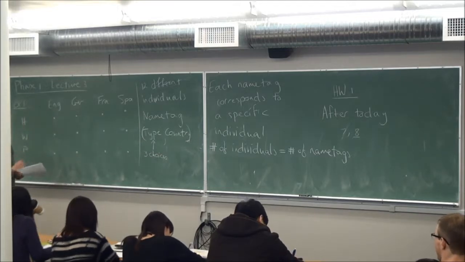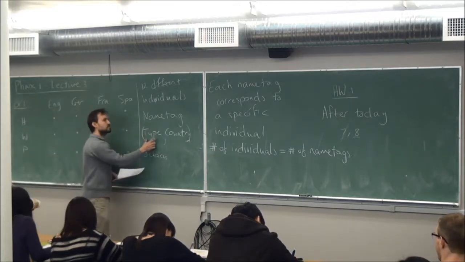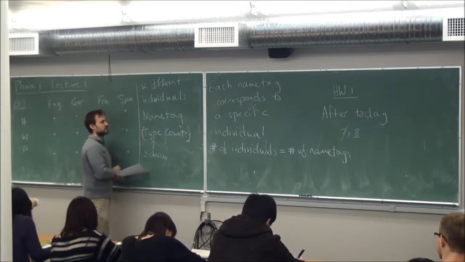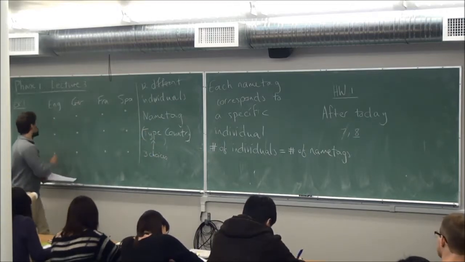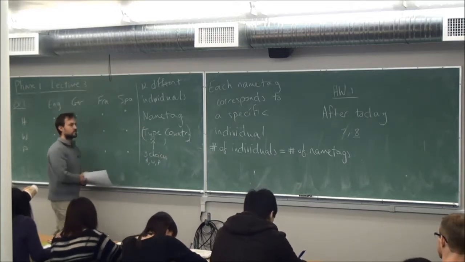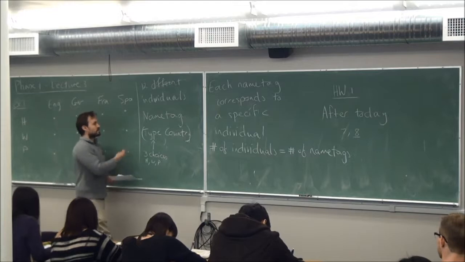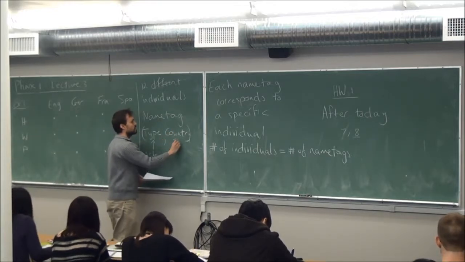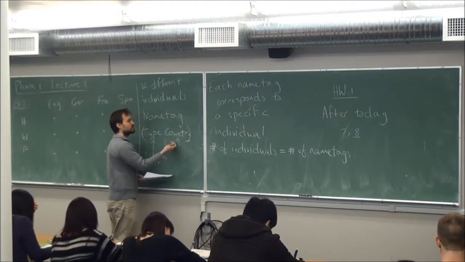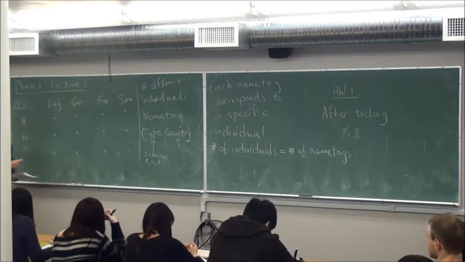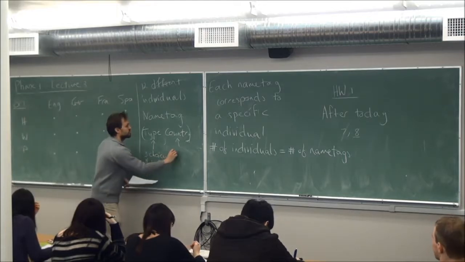For the first entry, not the whole name tag. Three choices to make the first entry, or fill in the first entry in the name tag. Could be husband, wife, or pet. Three choices. That's not the whole name tag. I have to follow that by filling in the country entry. How many choices do I have for the country? I have 4 choices for the country.